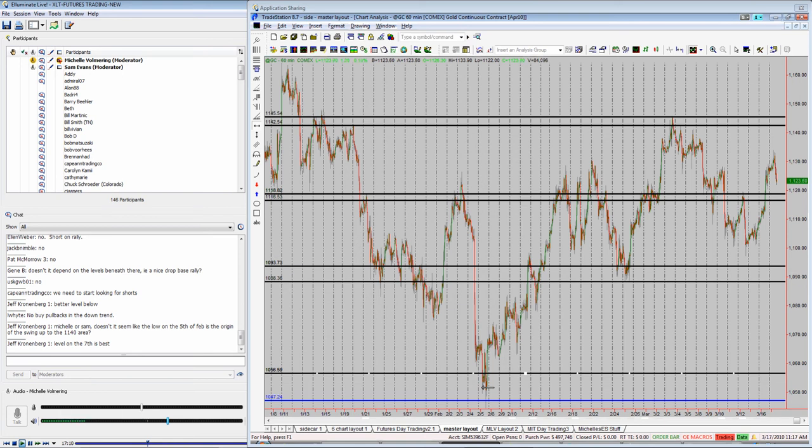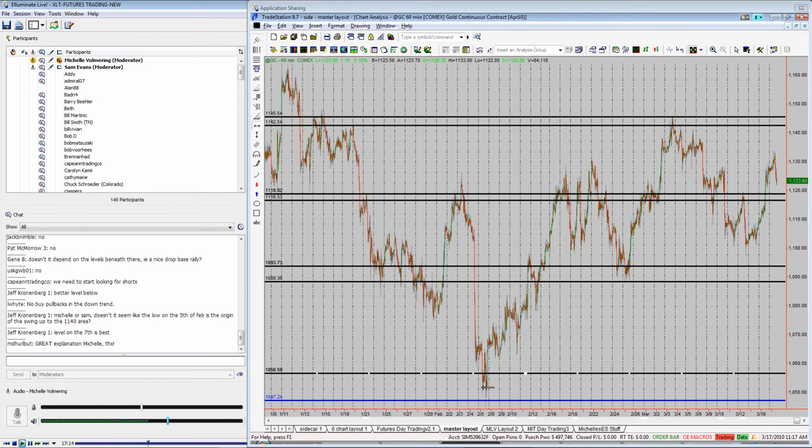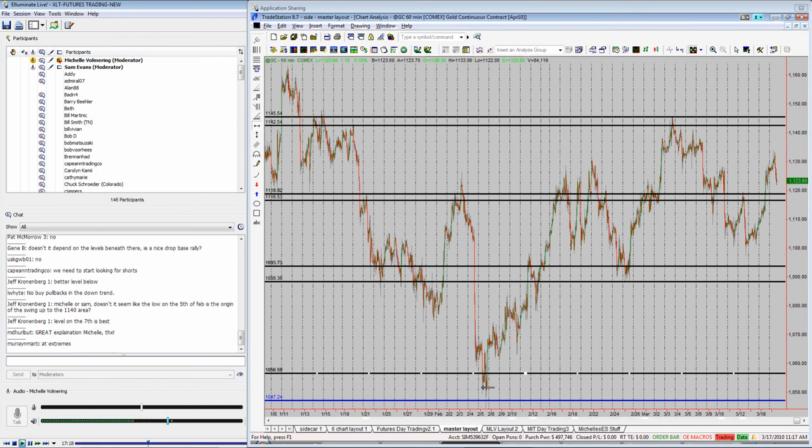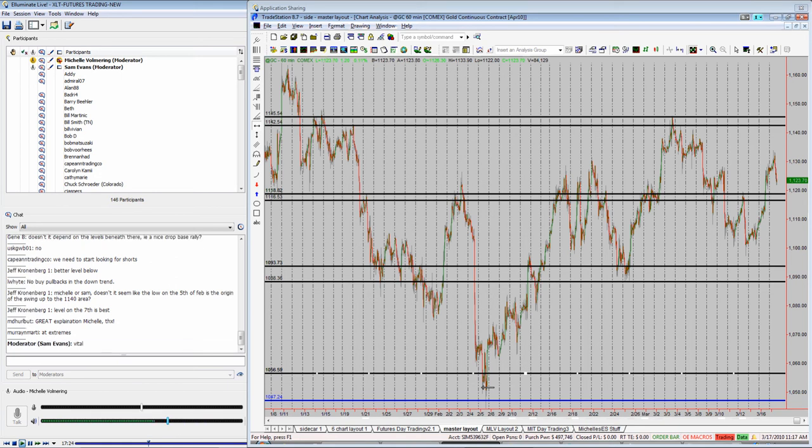Before I move on to the topic of targets, I wanted to make sure that everybody's understanding how important this big picture chart analysis is. And that's why when some of you ask me the question in the classroom, but Michelle, aren't you really then swing trading only at the extreme levels?